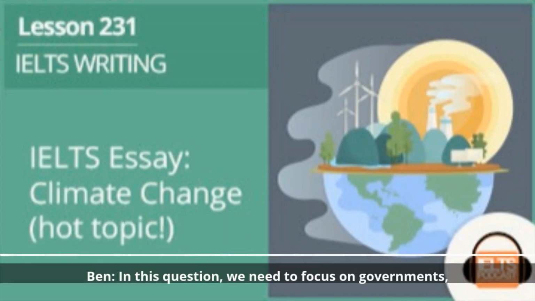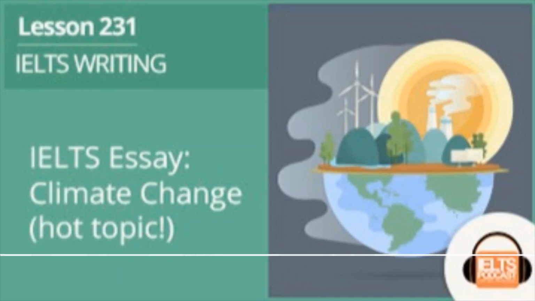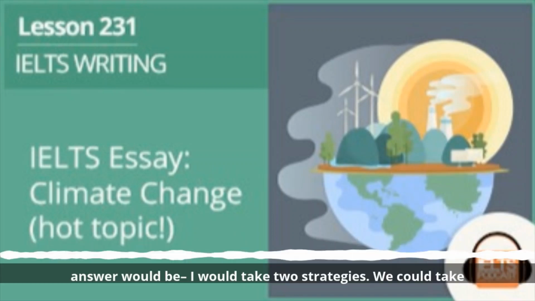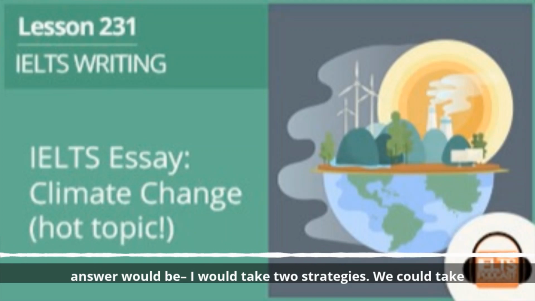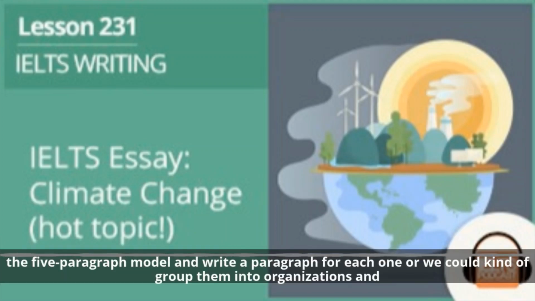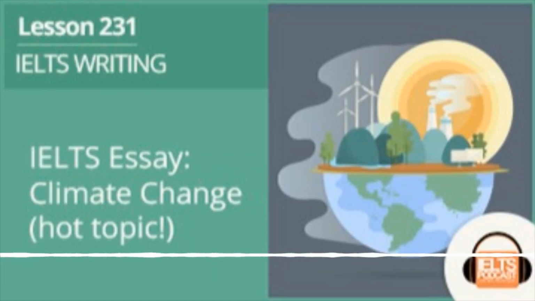In this question, we need to focus on governments, companies, and individuals. So the best answer would be, I would take 2 strategies. We could take the 5-paragraph model and write a paragraph for each one, or we could group them into organizations and individuals.